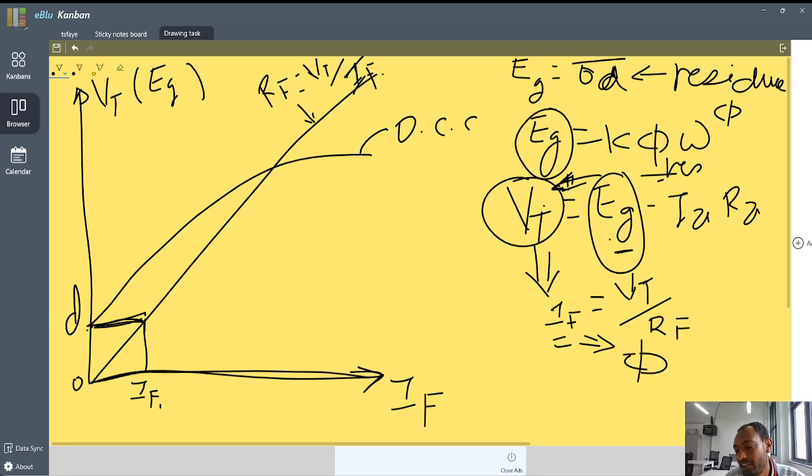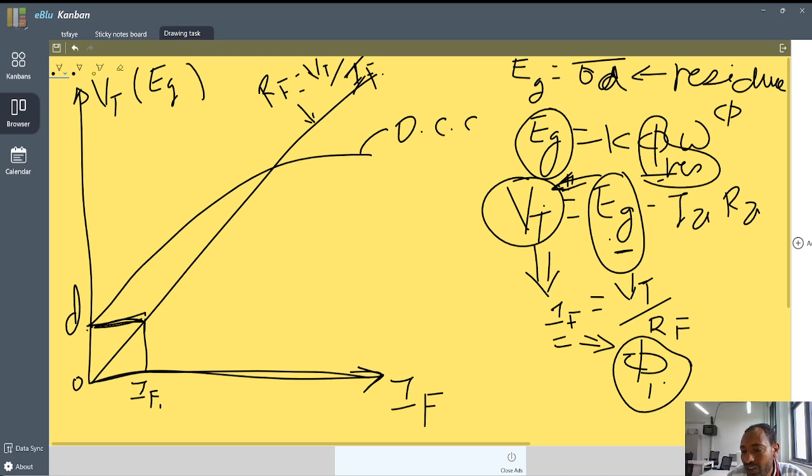Let me say flux phi 1. Remember that previously there was a smaller residual flux. Now, due to IF1, additional flux phi 1 is created inside the machine.